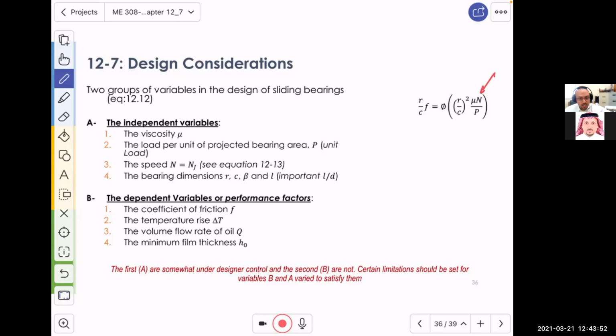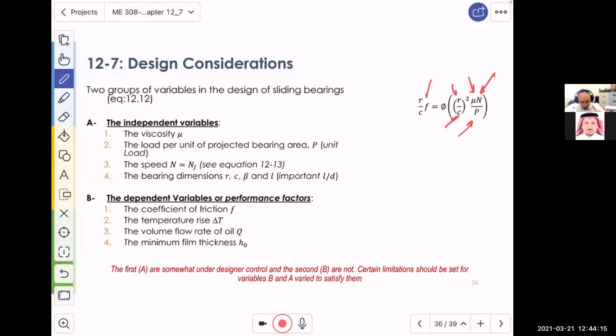I know I cannot decrease the other thing further. I have a limit here, I have a limit there. This is where the design comes. Look, the pressure, the viscosity, the radial clearance, the C, this ratio, the friction. This is wonderful.